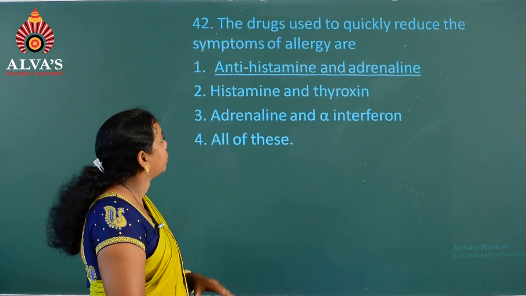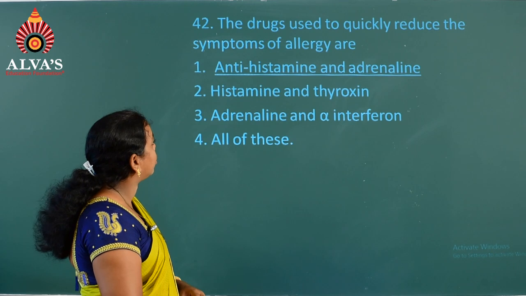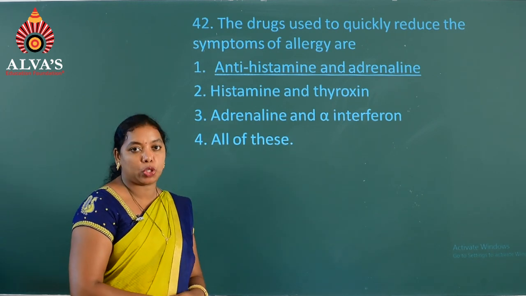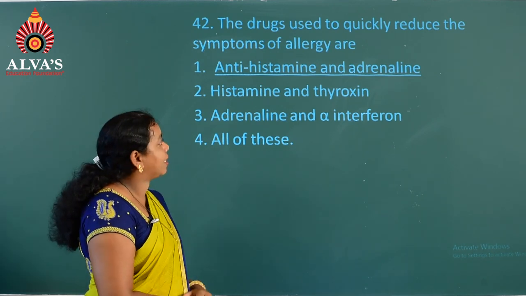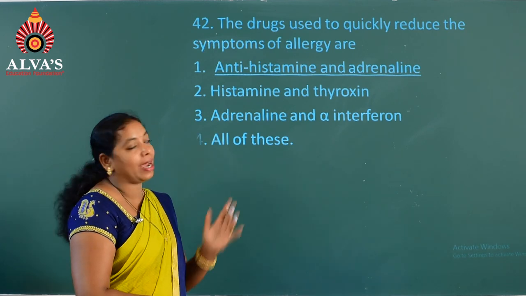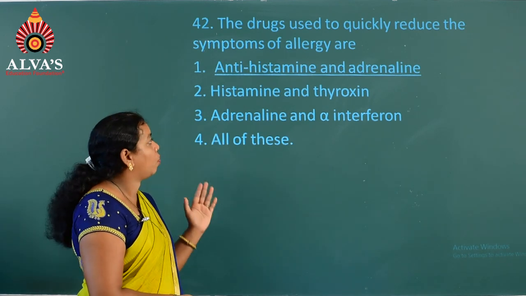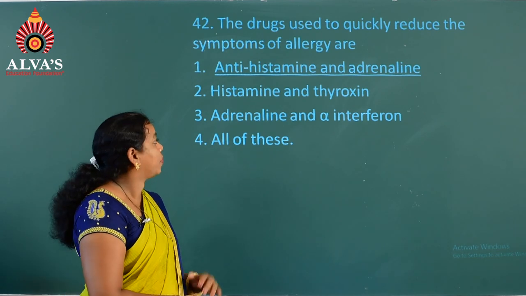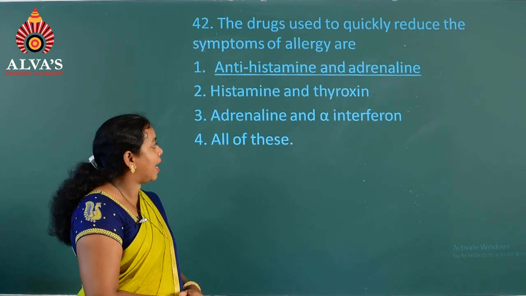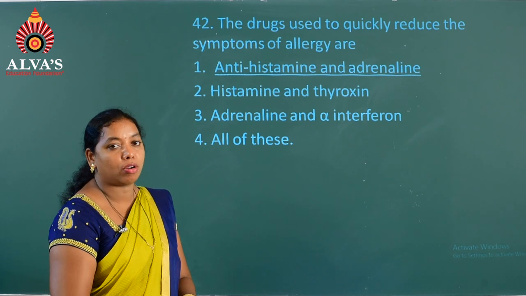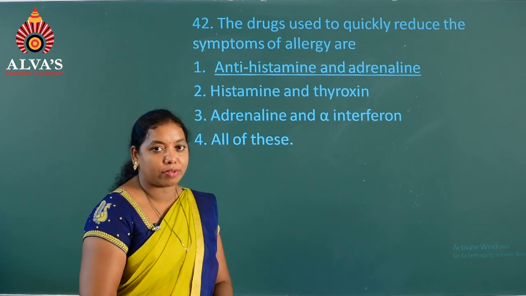Next, question number 42. The drugs used to quickly reduce the symptoms of allergy are: the first one, antihistamine and adrenaline; second, histamine and thyroxine; the third, adrenaline and alpha interferon; and the fourth is all of these.